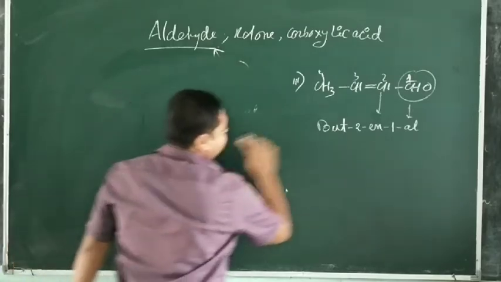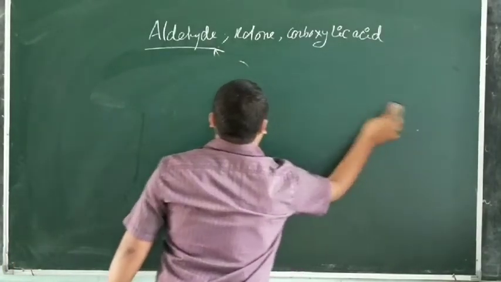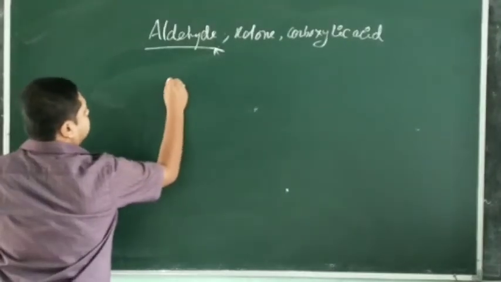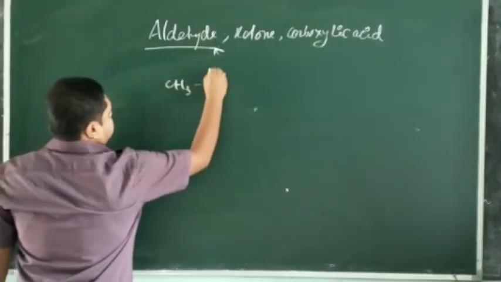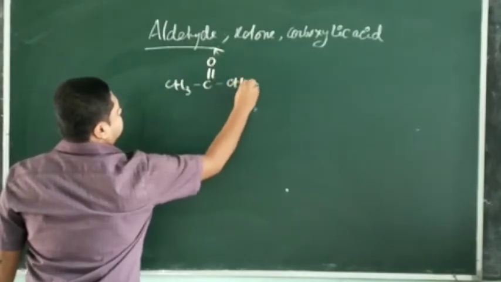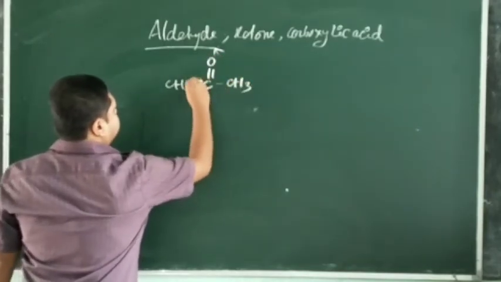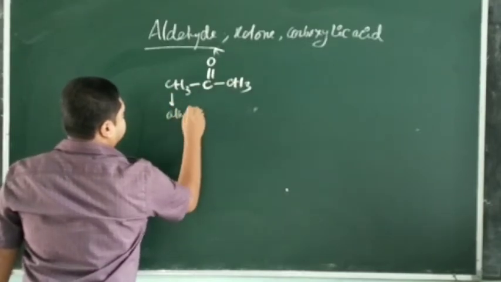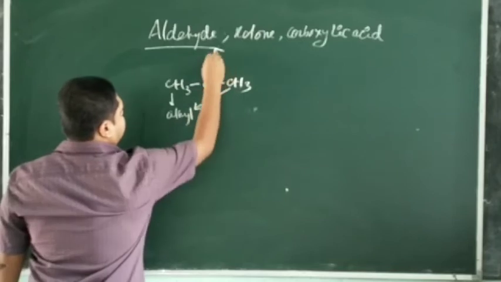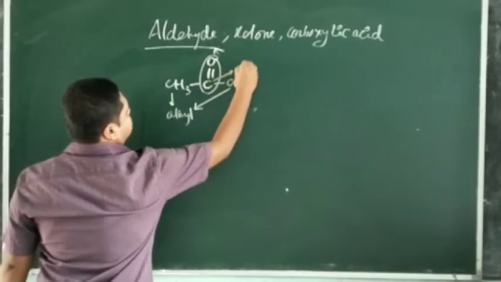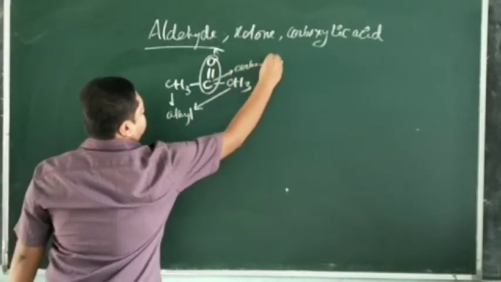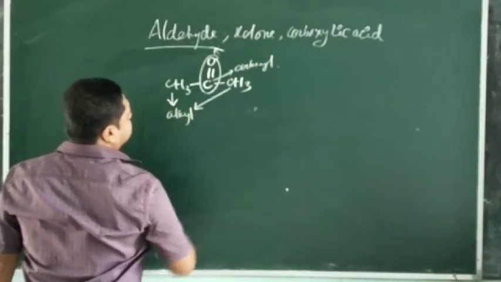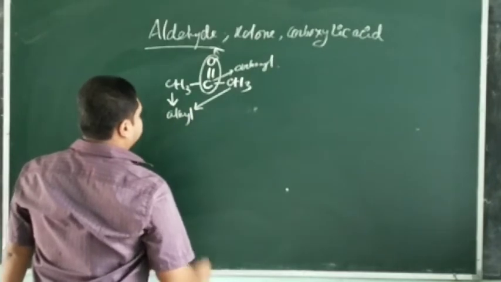Now the second one is ketone. For example, this is a ketone. When two R groups or alkyl groups are attached to the carbonyl carbon atom, this is called the ketone functional group.